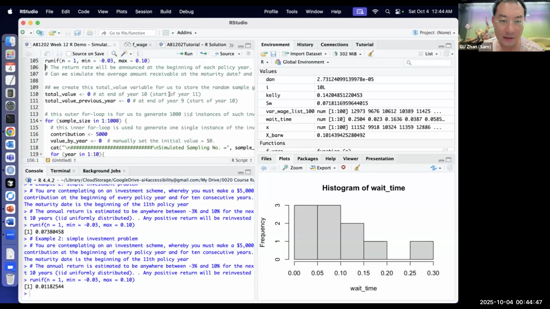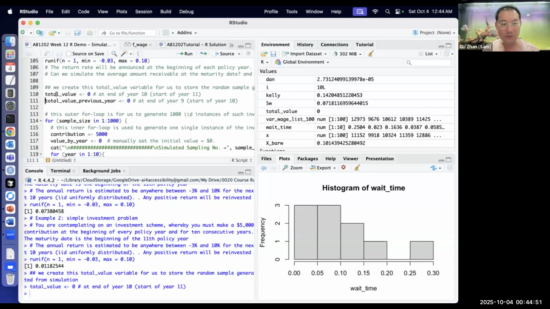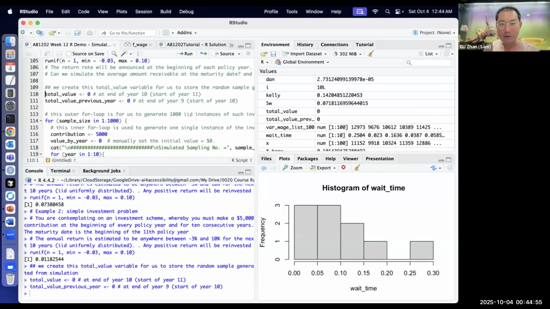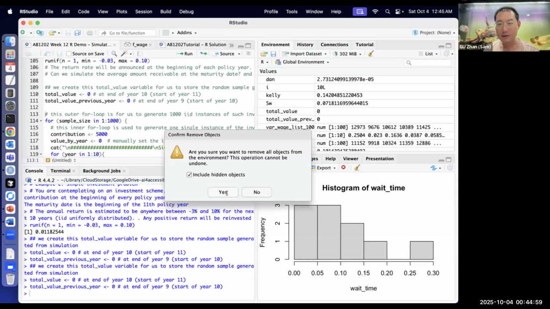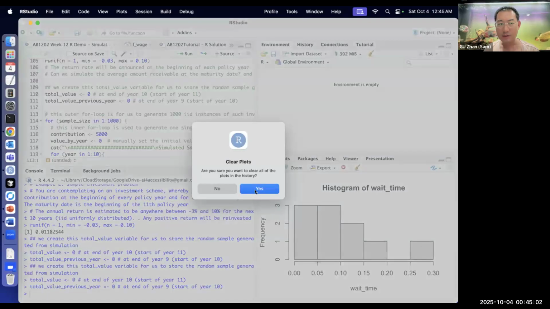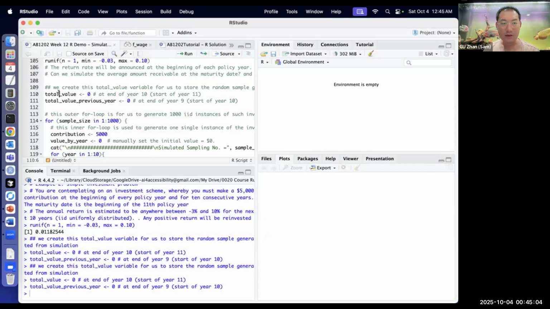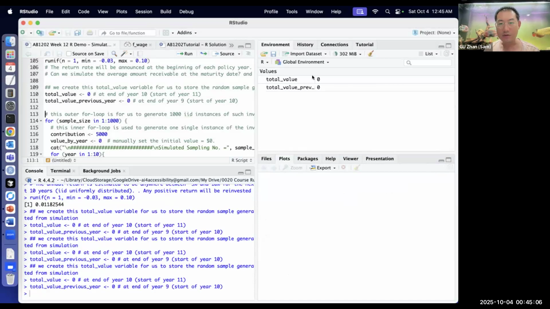At the end of year 10, start of year 11. Total value is 0, then total value of previous year. So I need these two variables here. Why not I just clear everything here? Clear everything, let's start from fresh. So I set the total value and the total value of previous year.